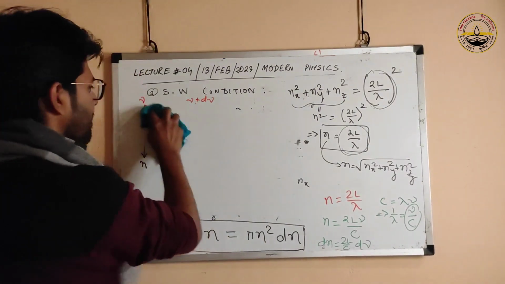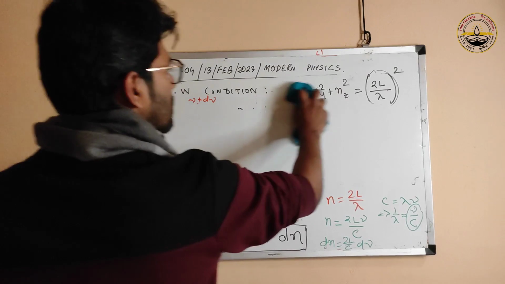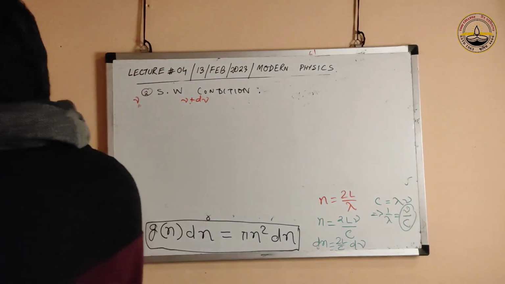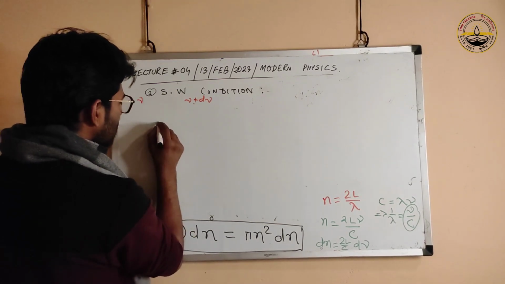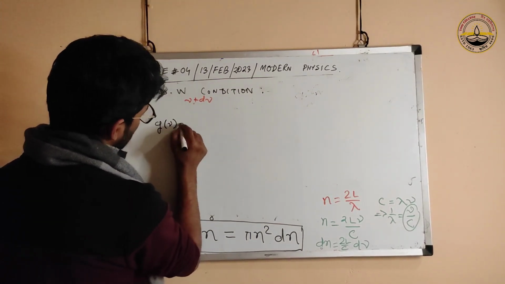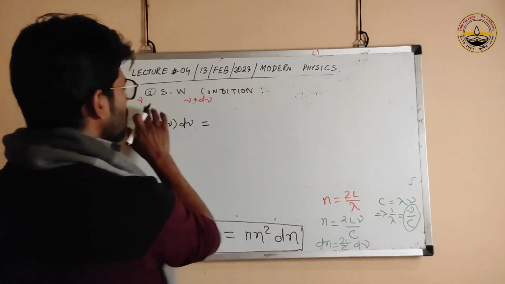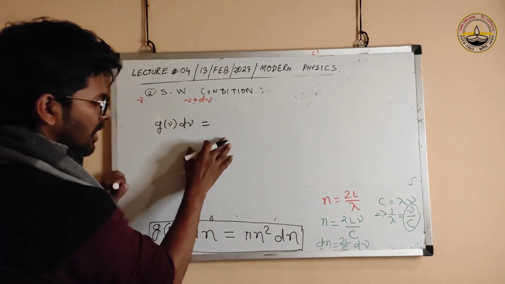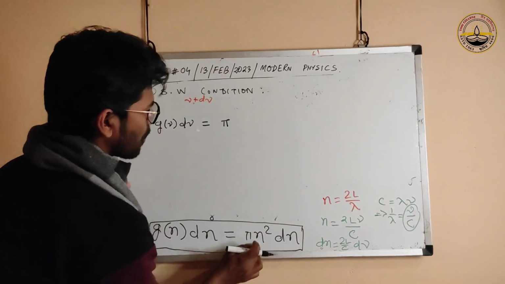Therefore, finally, our counting is really done. So the number of waves within the frequency range nu and nu plus d nu is pi n square.